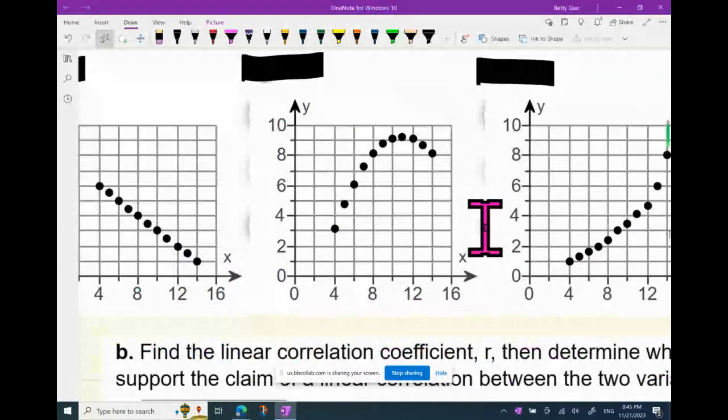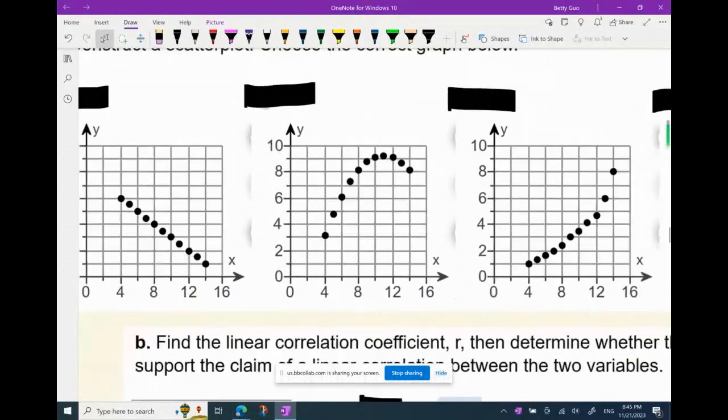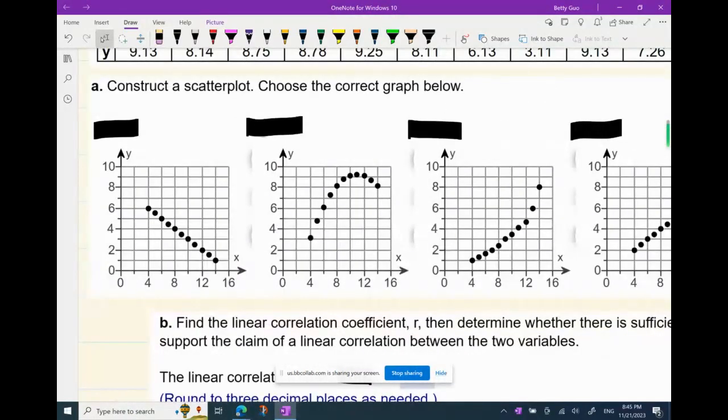Okay, yeah, because it's supposed to be a linear pattern, by the way. Really should be a linear pattern. I don't like this question for that reason. They should have the same unit. They should have the same scale on both the x-axis and the y-axis.